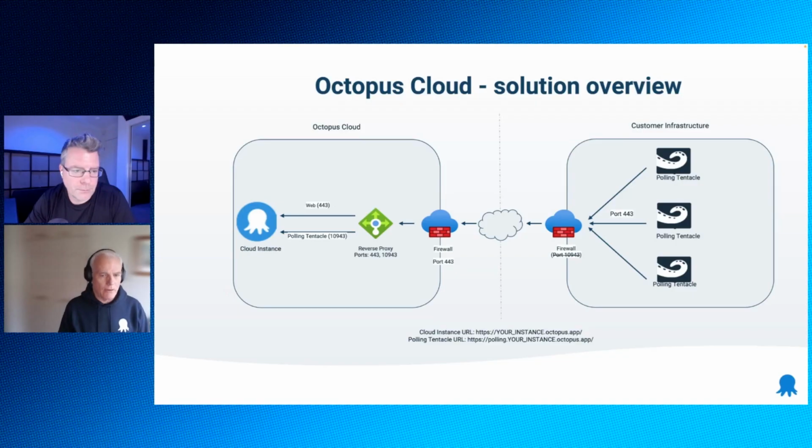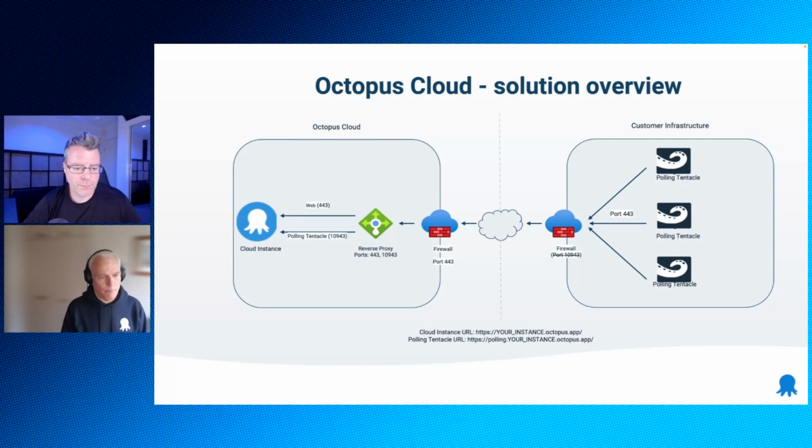So, as far as the customer's installation is concerned, it's coming across 443, so out of their firewall on 443. But our Octopus server instance in Octopus Cloud is still expecting the traffic to be split between the web app API and the polling tentacles across those two ports. So that's why we've implemented this reverse proxy.